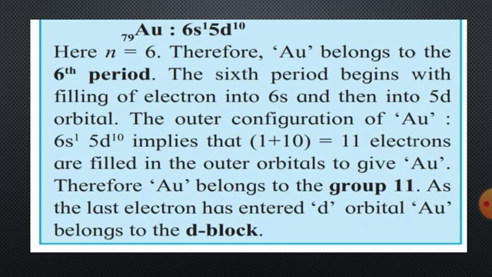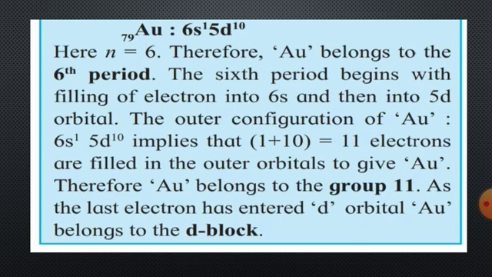Here the outer configuration of Au has been given. It is 6s1 5d10. Add the number of electrons. 1 plus 10, you get 11 electrons. So 11 electrons are filled in the outer orbitals of gold.